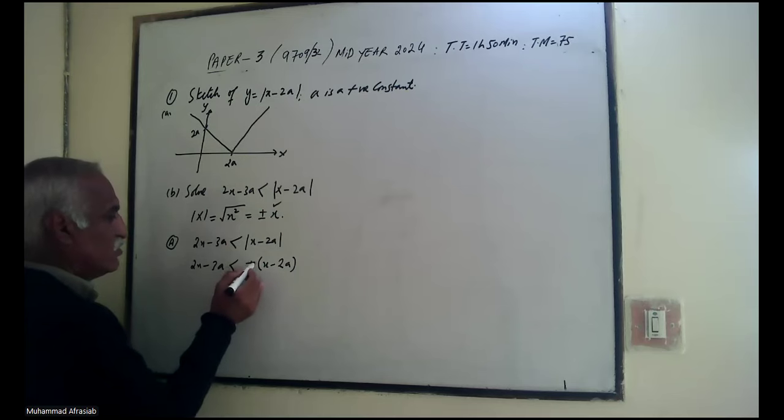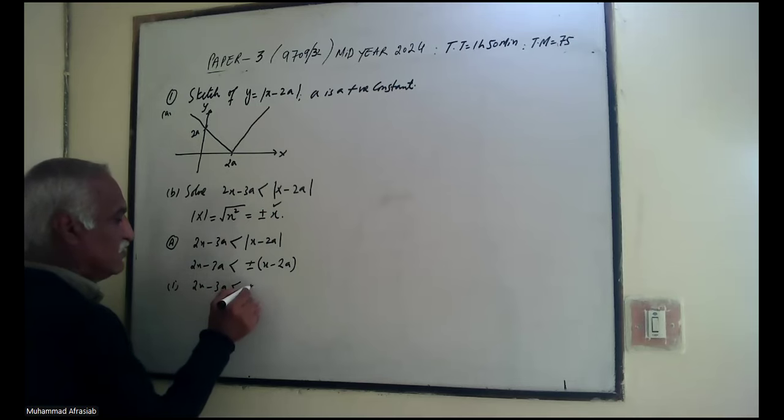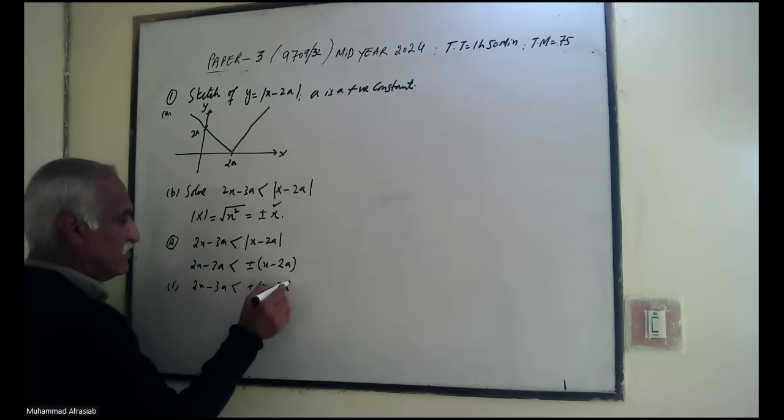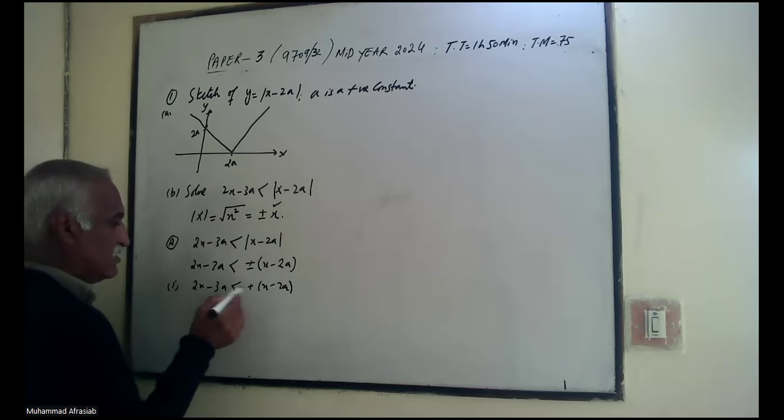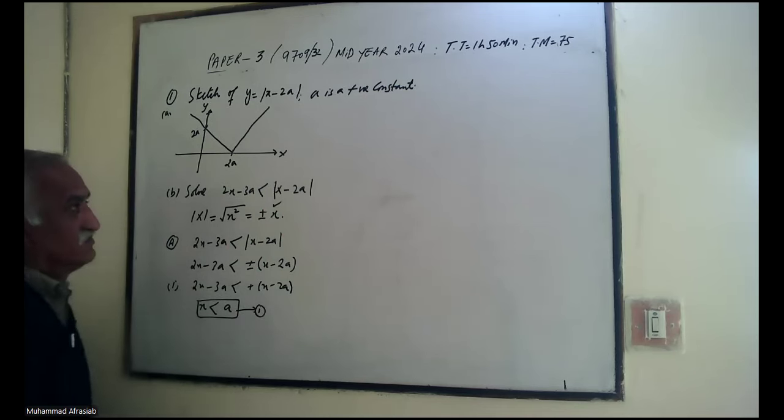There are two options, plus and minus. If we take 2x minus 3a is less than plus x minus 2a, then shifting it to one side, x is less than a. This is one solution of this problem.